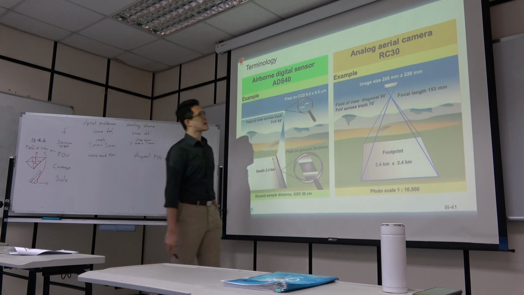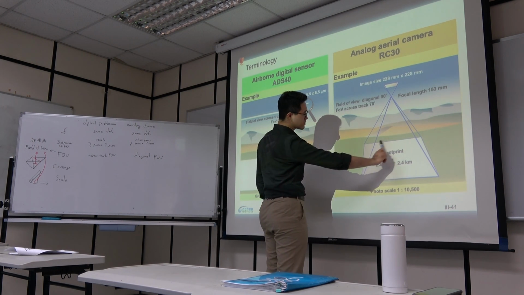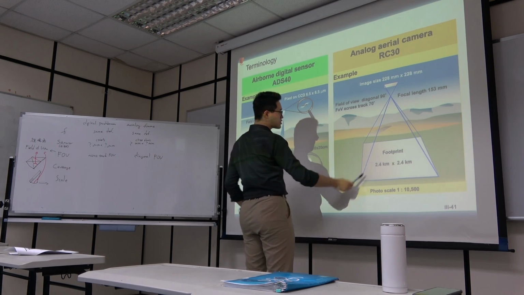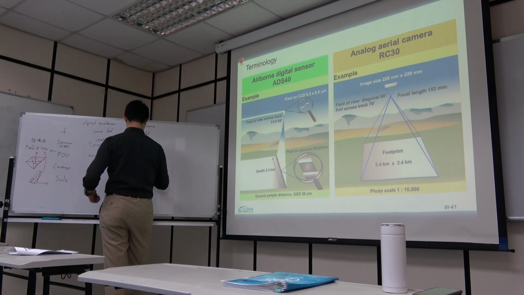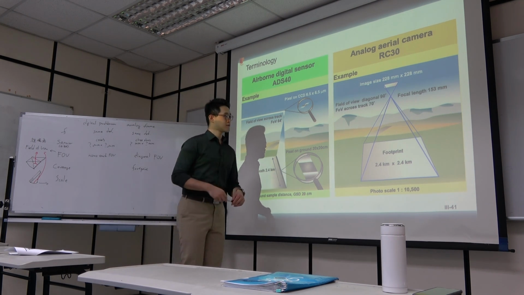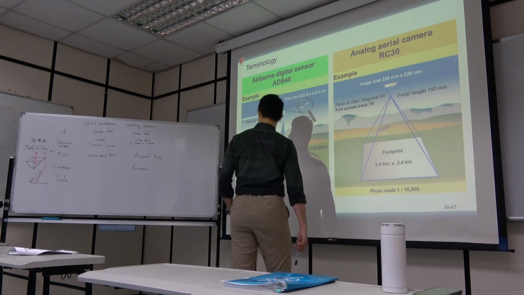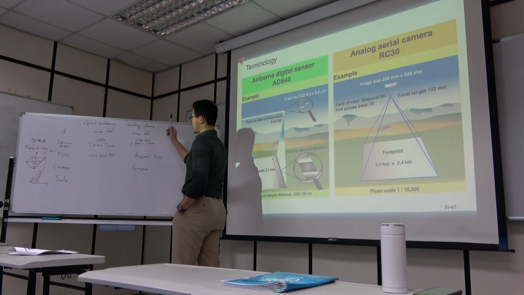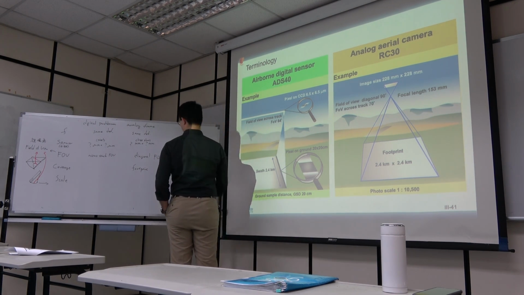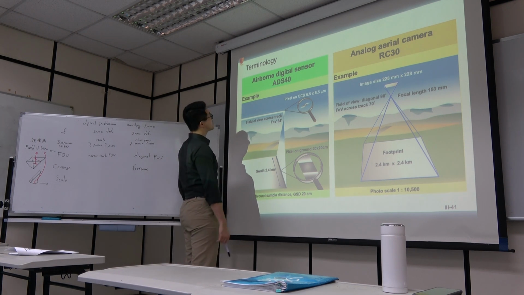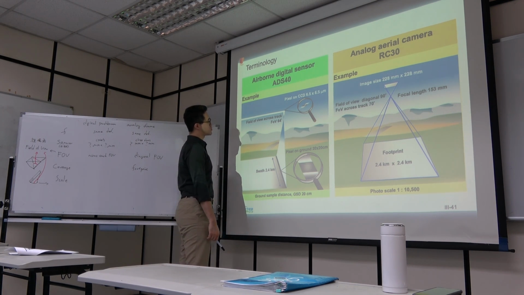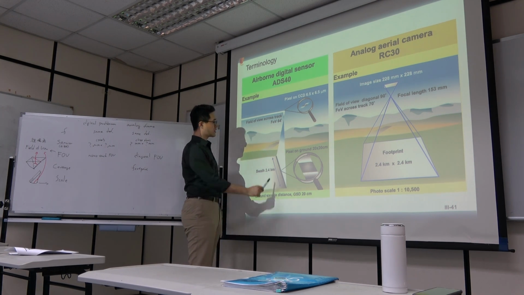If we are talking about the analog age, the term to describe the coverage of the image is usually called full frame. As you can see, for this case, the footprint is like 2.4 kilometers by 2.4 kilometers. That's for the analog frame camera. However, if you are talking about the digital push-broom scanner, the coverage of the image is usually called swath.